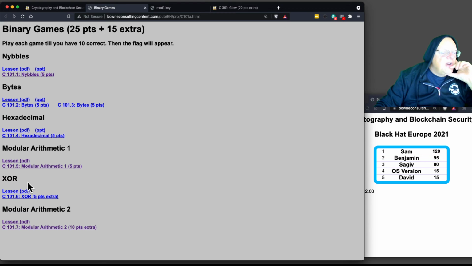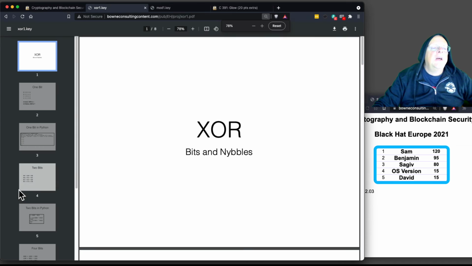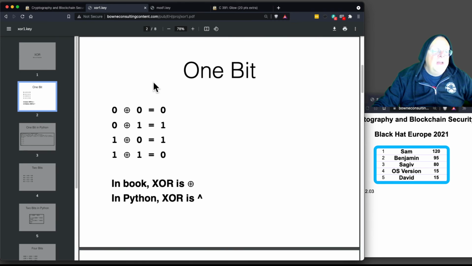All right. And the last one of these is XOR. If you don't know XOR, it works like this. It works by bits. If you have 0 XOR 0, it's 0. If you have 1 XOR 1, it's 0. It's exclusive OR. It is 1 if these two are different, 1 and 0. Either way, if they're the same, the answer is 0.